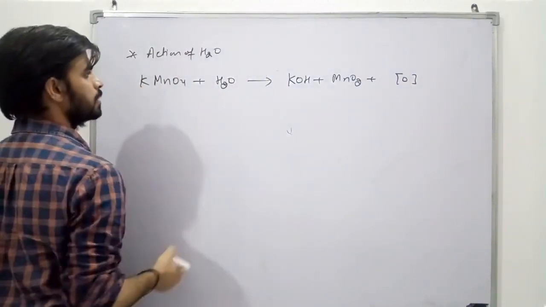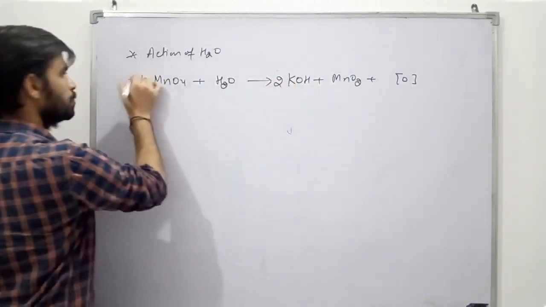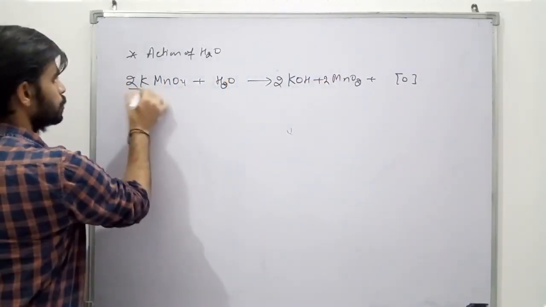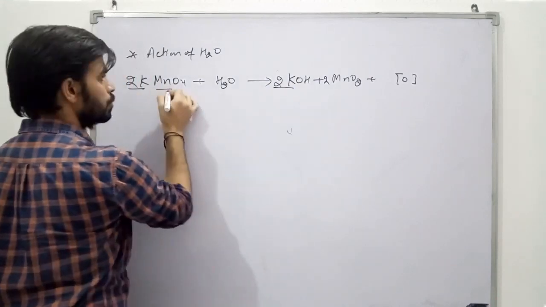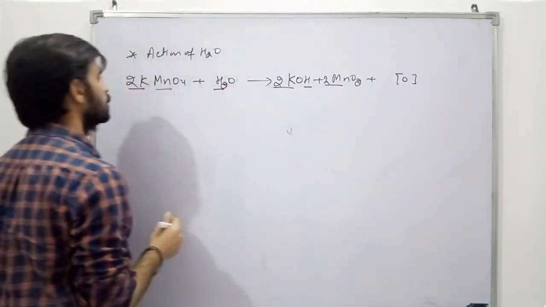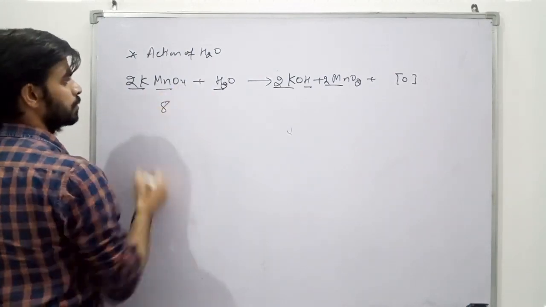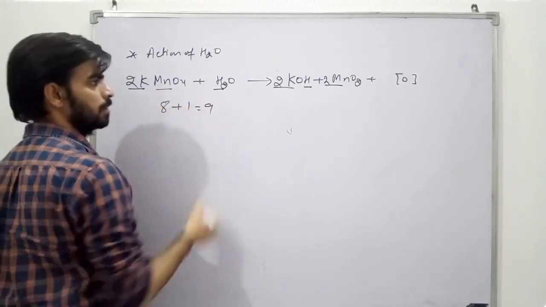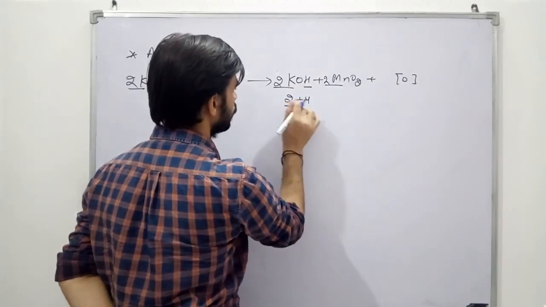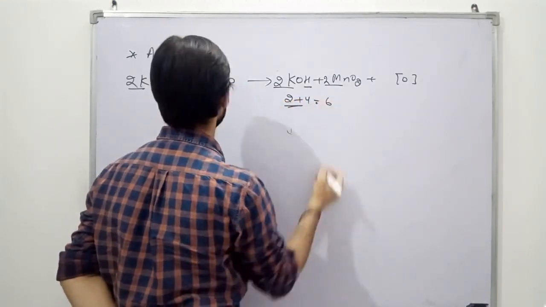So we have 2 hydrogen, so we have to use 2. Now 2 potassium, 2 manganese, 2 hydrogen. Now check the oxygen. 4 times 2 is 8 oxygen plus 1, that is 9 oxygen. Here we have 2 plus 4, that is 6.